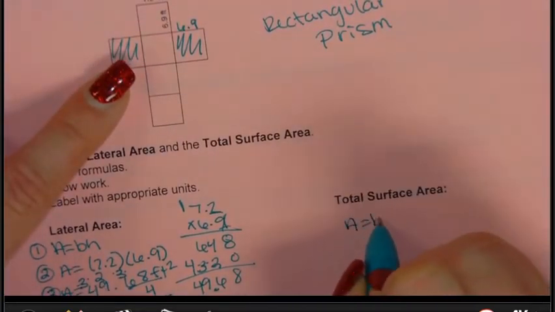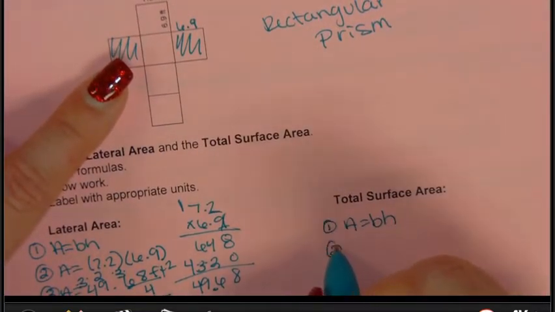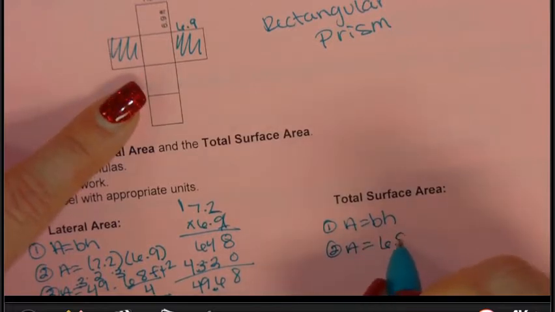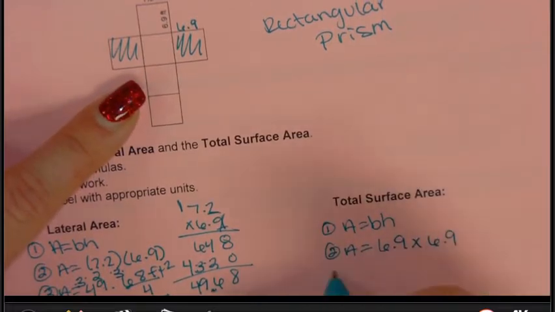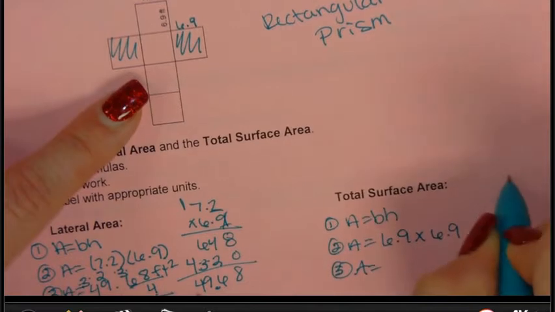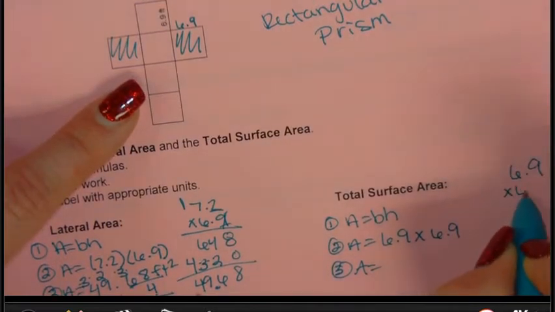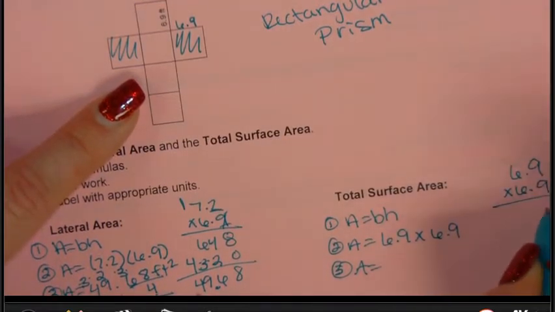All right, and then to find the total, I need to find the area of my base. So area is equal to base times the height. Area is going to equal 6.9 times 6.9. Well, 9 times 9 is 81.